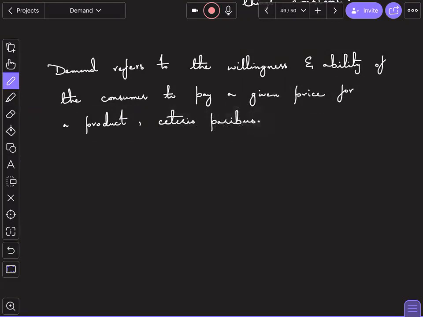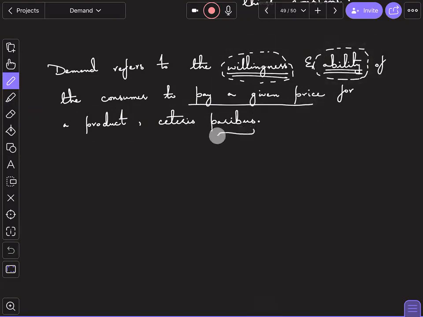So this is the definition of demand. Demand refers to the willingness and ability, which means that you are willing to buy the product and you have the ability, you have the financial means to buy the goods at a given price.